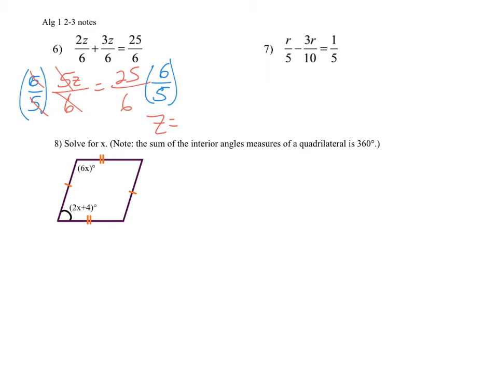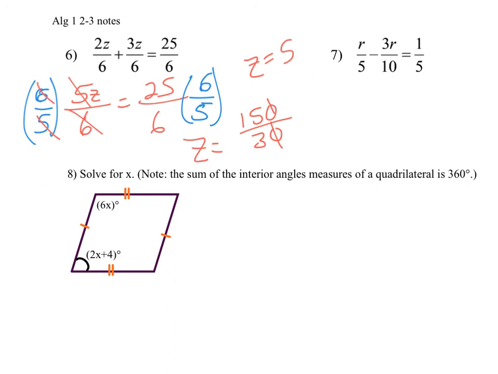If I've got 6 quarters, I'm going to have about $1.50, so I'd have 150 in the numerator. And then I know 6 times 5 is 30. I can do a quick evaluation of this, cancel out those zeros. I'm going to have 15 over 3, which means that z is going to be equal to 5 in number 6.